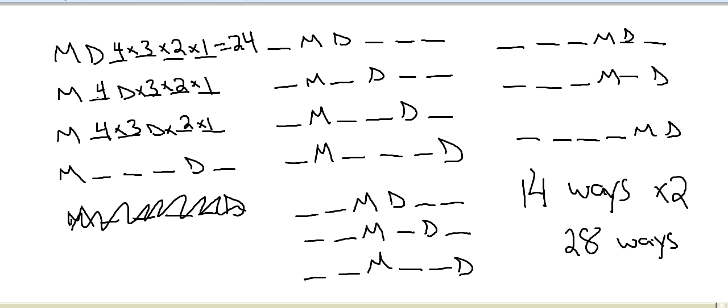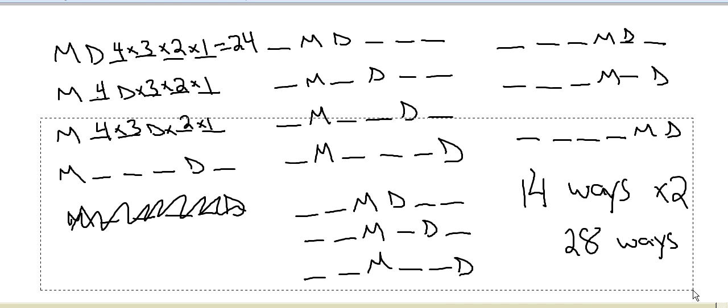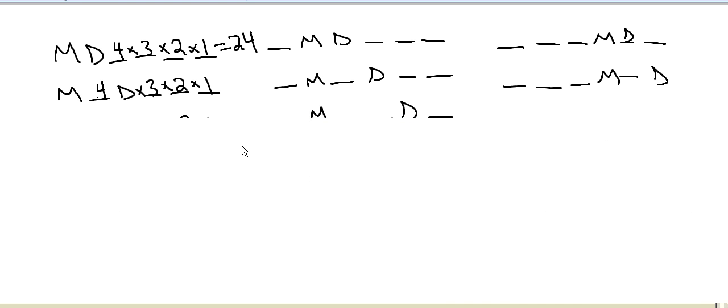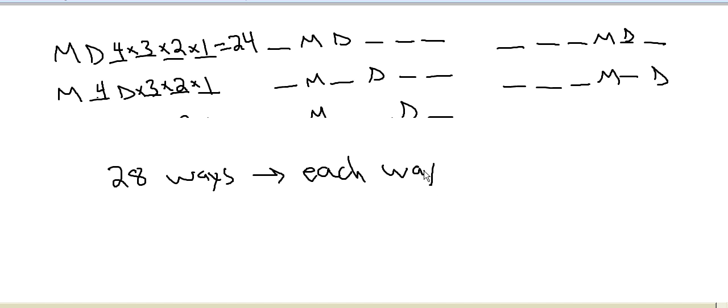Okay. So let me just erase some of it. So for each possibility, we have 28 ways, and then each way has 24 possibilities.